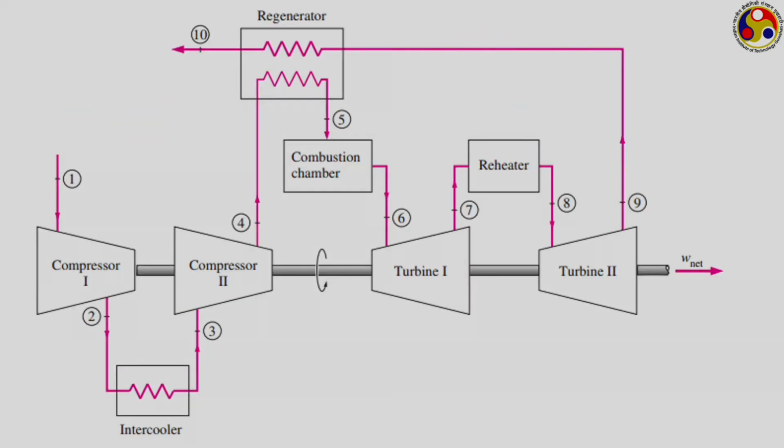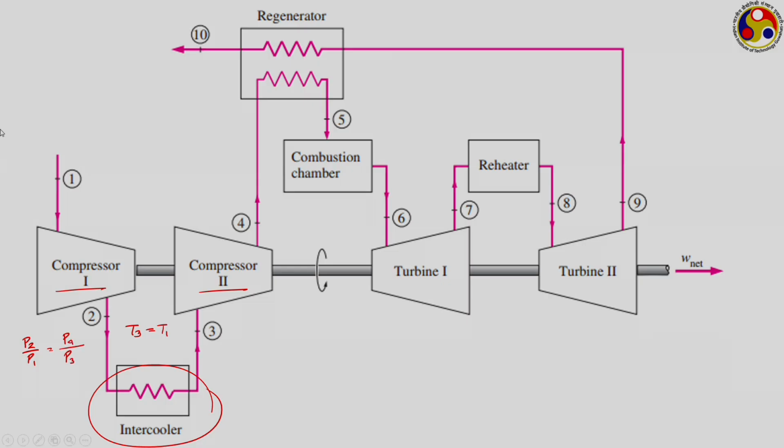So, this is how a practical gas turbine cycle will look, where we can see there are 2 stages of compression, compressor 1 and compressor 2, and in between we have an intercooler. We want ideal intercooling, for which we have T3 equal to T1 and the pressure ratios equal for both stages, that is P2 upon P1, the pressure ratio for stage 1, should be equal to P4 upon P3.